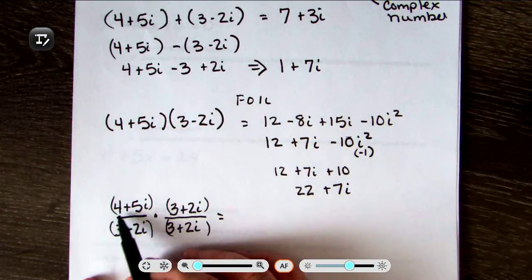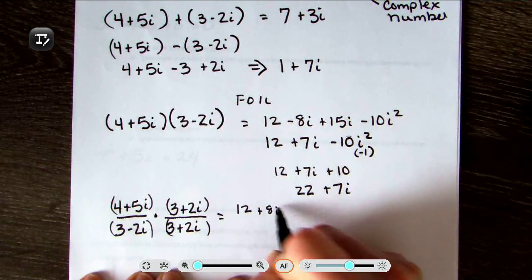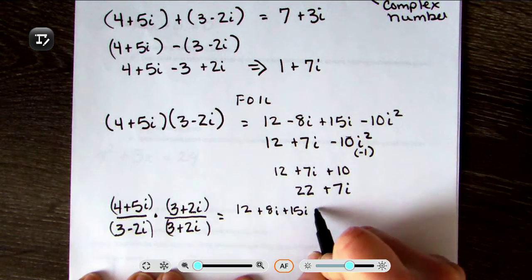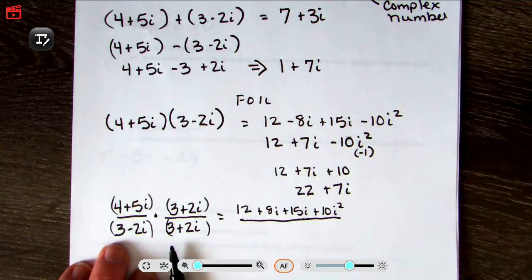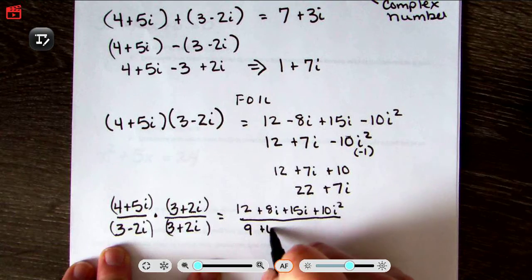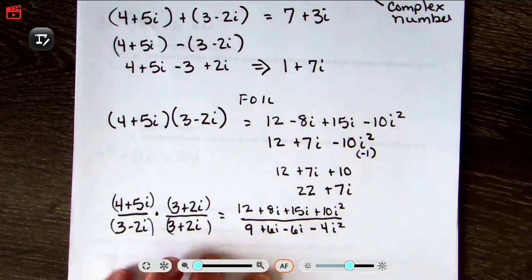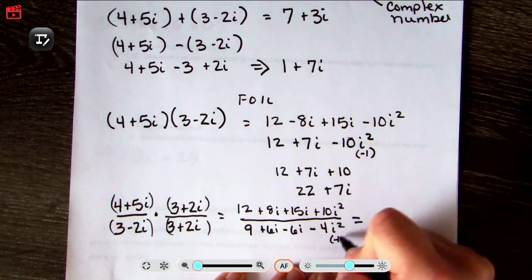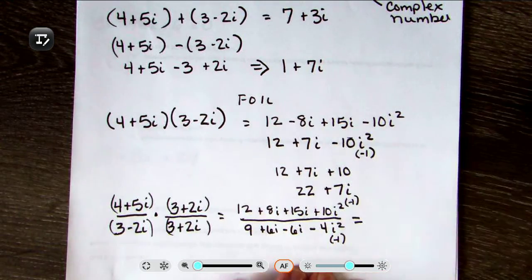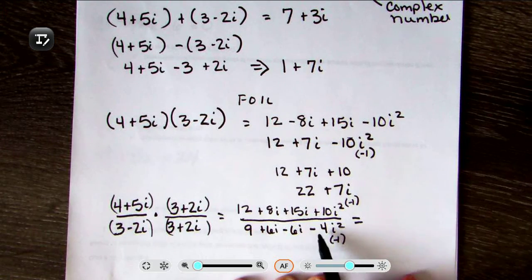Okay, so I'm going to do that 12. We'll have plus 8i plus 15i plus 10i squared on the top. On our bottom, we'll have that 9. We'll have a plus 6i minus 6i and then minus 4i squared. I'm going to do a couple of things here. I'm going to remind myself that i squared is -1, which turns this into a -10, which turns this into a +4.